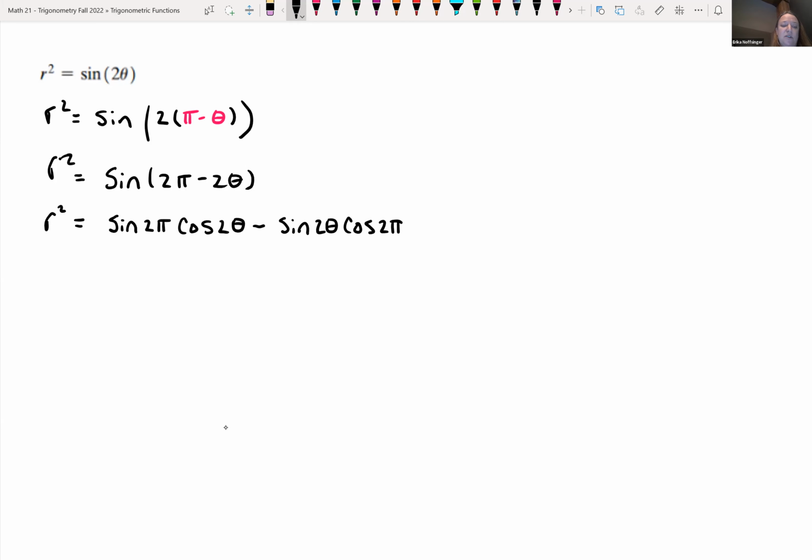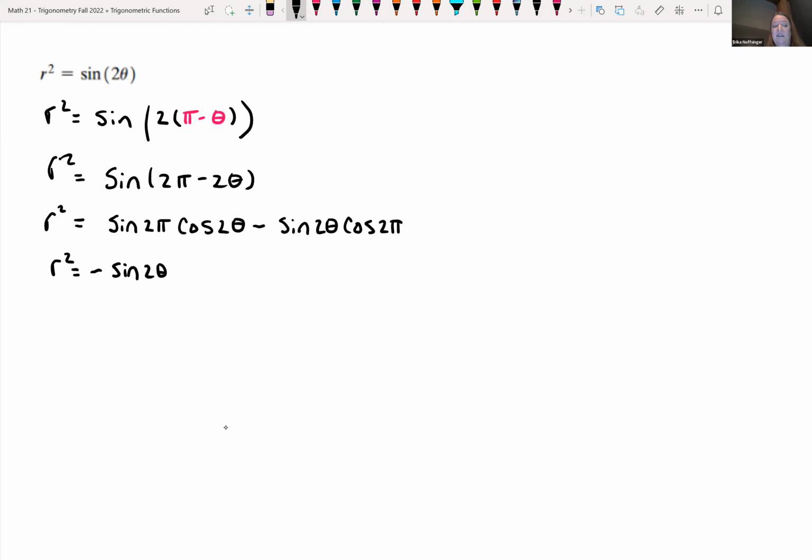Sine of 2 pi is 0, so 0 times cosine of 2 theta is 0. So we get r squared is equal to, cosine of 2 pi is positive 1, so 1 times negative sine of 2 theta is negative sine of 2 theta. So this is changed. It's not the original equation, so this does not tell me that it's symmetrical across the line theta equals pi halves, but it's possible that it is.